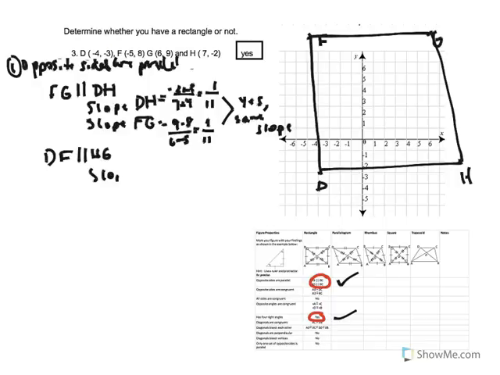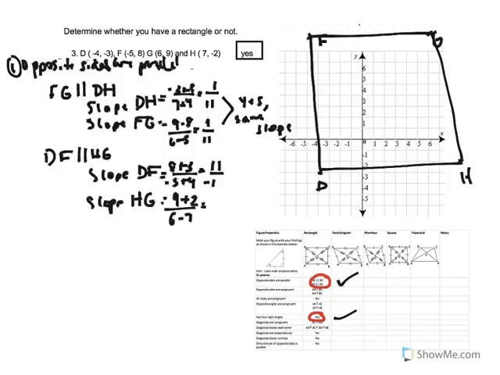First we find the slope of DF, which is 8 plus 3 over -5 plus 4. It gives us 11 over -1. Then we have the slope of HG, which is 9 plus 2 over 6 minus 7, which is 11 over negative 1. And yes, these two lines are parallel because they have the same slope. So far, we have sufficiently proven this part.